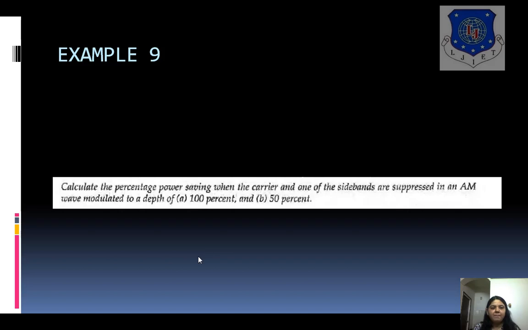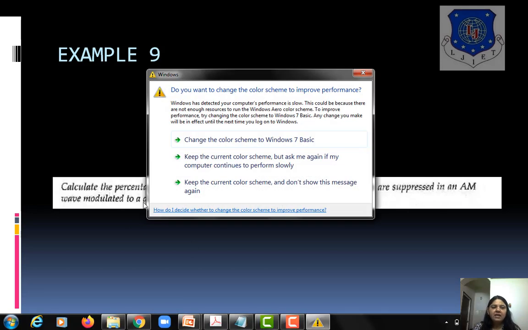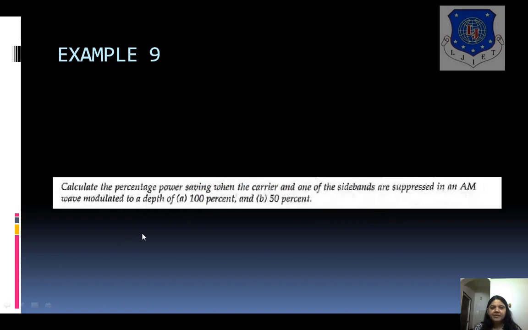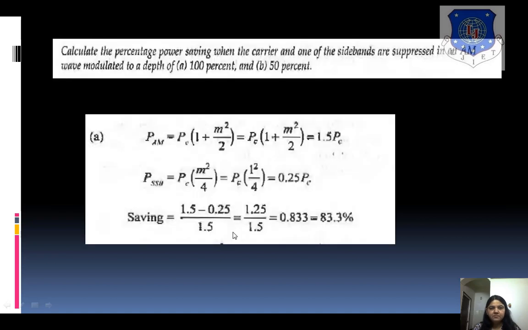Example number 9. Calculate the percentage power saving when the carrier and one of the sidebands are suppressed in an AM wave modulated to a depth of 100% and 50%. So PAM is equal to PC in bracket 1 plus m square by 2. So by putting the small m is equal to 1, because 100% means m is equal to 1, it is 1 plus 1 by 2.